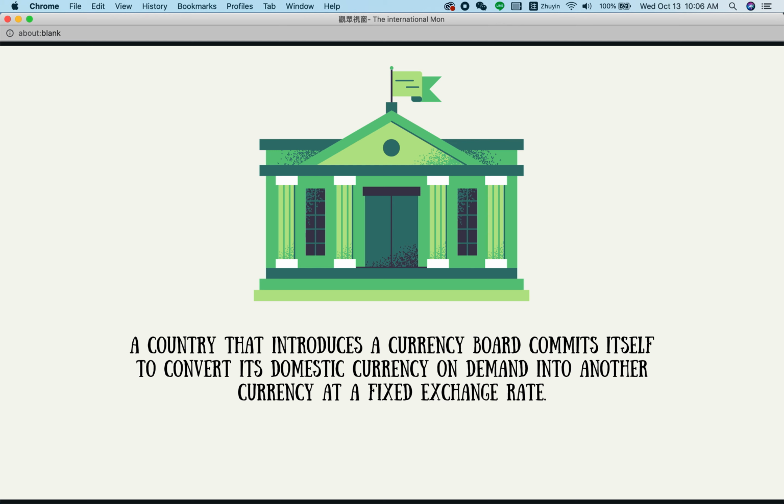Also, under the currency board system, the government lacks the ability to set interest rates. Interest rates in Hong Kong, for example, are effectively set by the U.S. Federal Reserve.